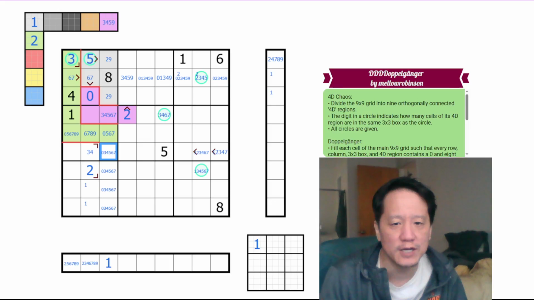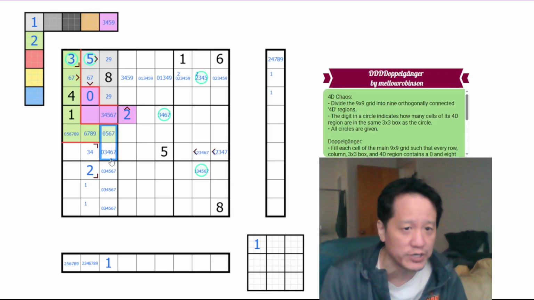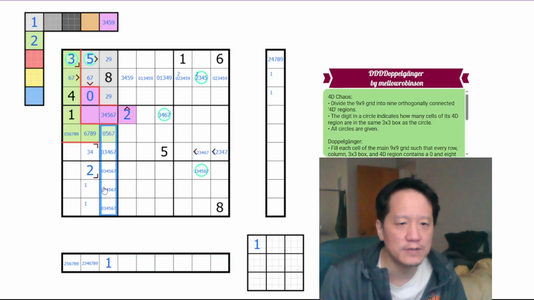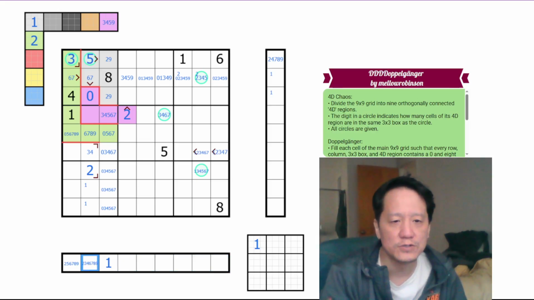But the problem is we can't have a 2 be here, because we have to have a 2 missing in the columns. Since it's only missing from the green region, that's the only place it could be missing for the columns. Every other region would have to have a 2 somewhere in these columns. And since none of these are the 2 that are missing, it's not possible for it to go there. So this can't be 2.